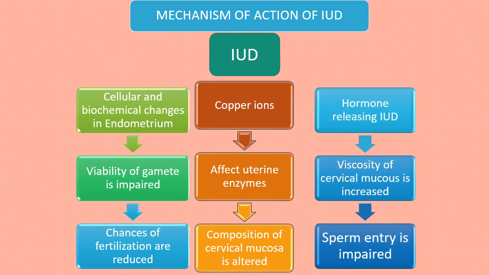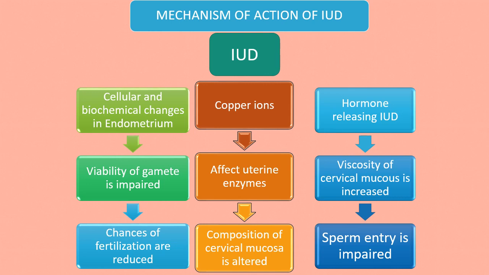Then next is the third generation intrauterine devices, that is hormone releasing intrauterine devices. The cervical mucus becomes more viscous, very thick and dense, which leads to less motility of sperm and prevents sperm from entering the cervix.